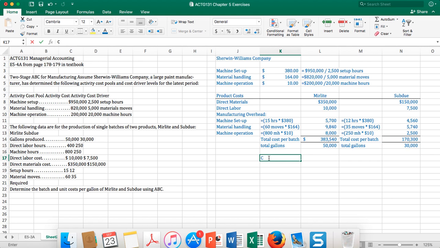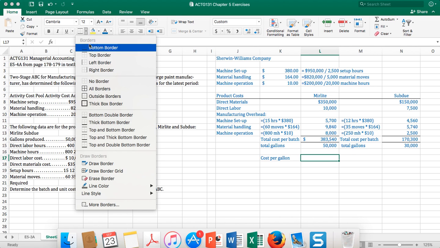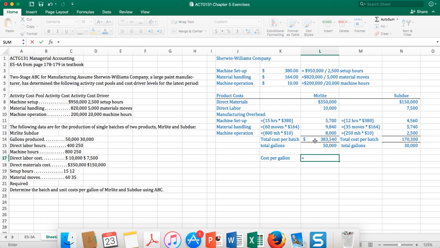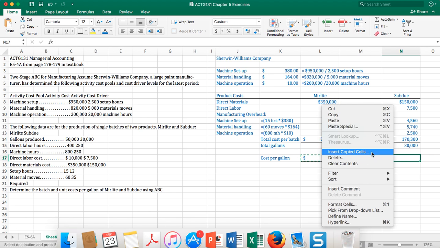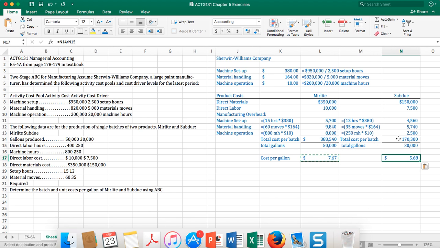So I'm going to put that here, cost per gallon. And I'm going to give it the double underline. So we're going to take our 383,540, divide that by the 50,000 gallons, $8. Not really, let's see, $7.67. Let's do the same here. There we go. This is also dollars.